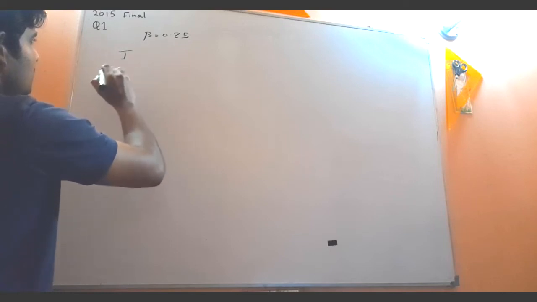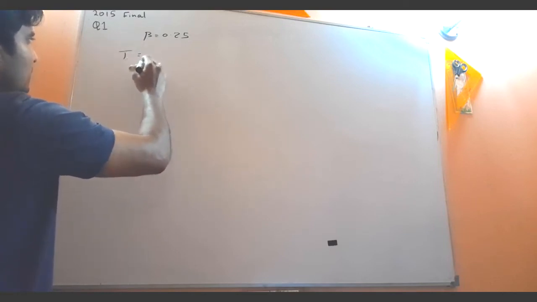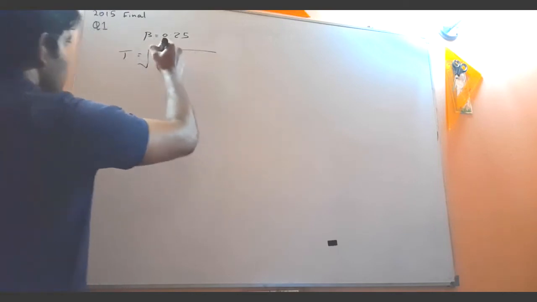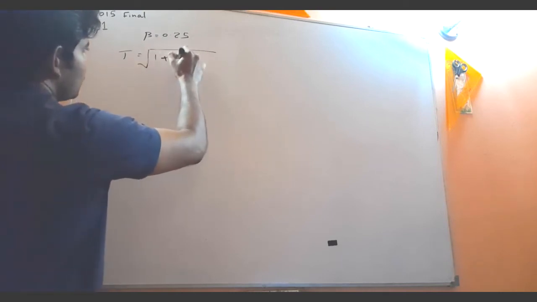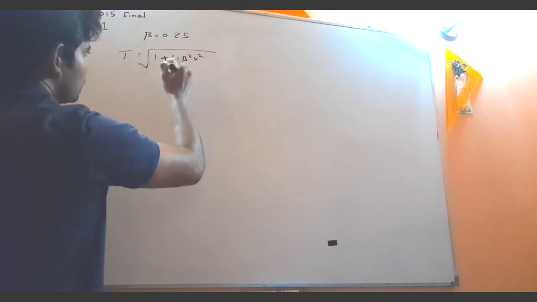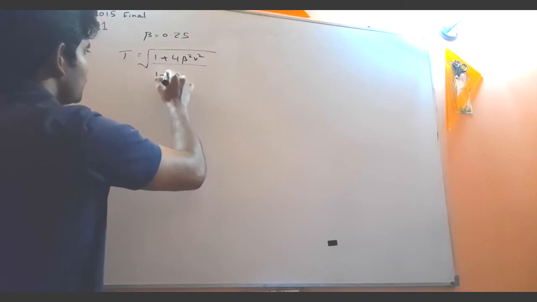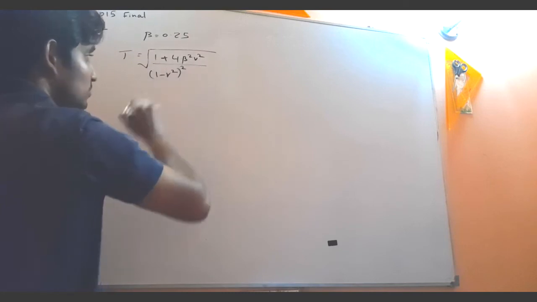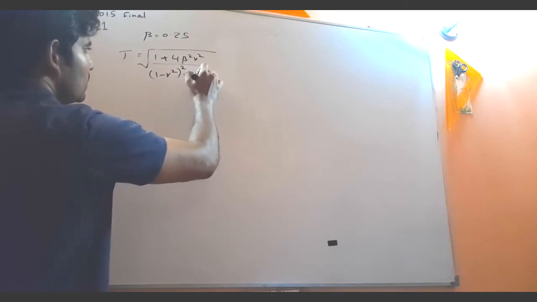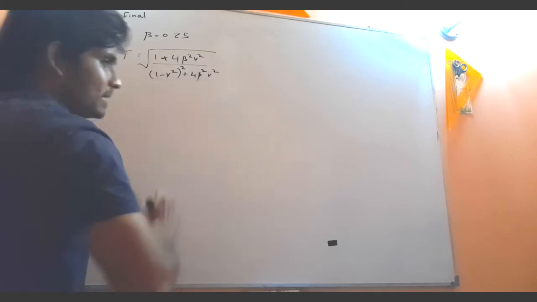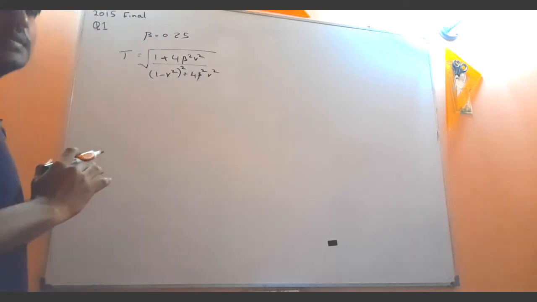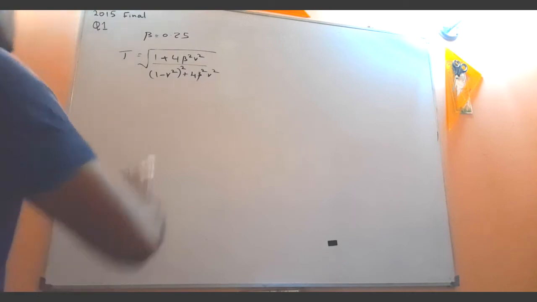Where transmissibility ratio T equals the square root of 1 plus 4 beta squared r squared divided by 1 minus r squared whole thing squared plus 4 beta squared r squared, right? Now the forces are the same. What is transmissibility ratio?